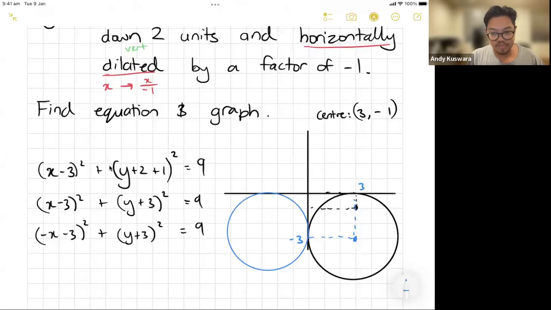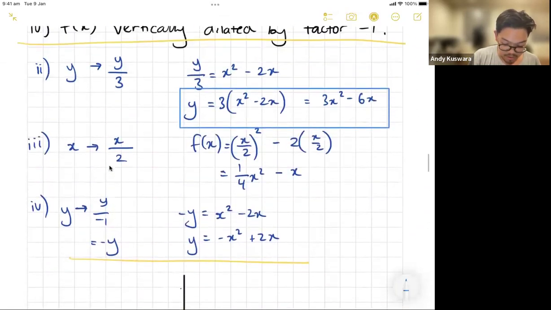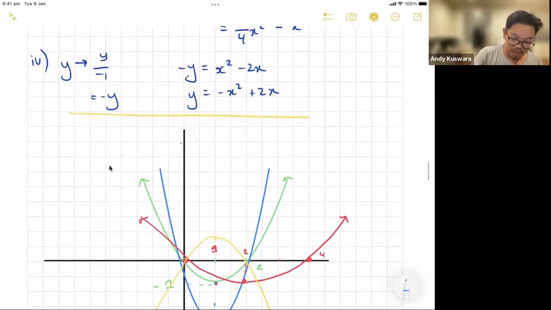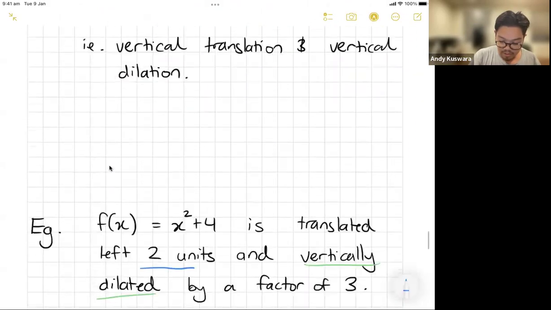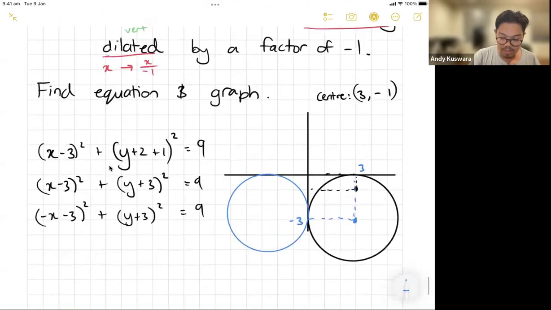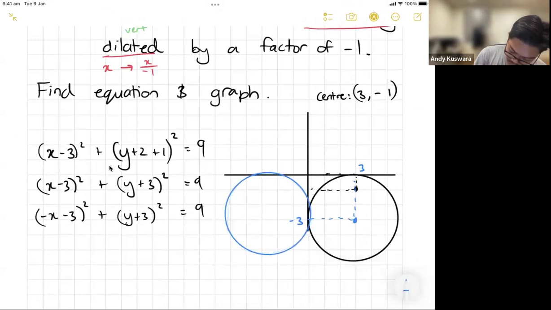The reason that I say that is, remember before in the last video, if I did a -1 vertical dilation, it just kind of flipped across the axes. So very similar here. In this particular case, because we're doing a horizontal dilation of a factor of -1, it's going to flip from the right to the left-hand side. Again, I probably should have drawn this circle slightly larger. Still not the same size, but maybe a bit closer.